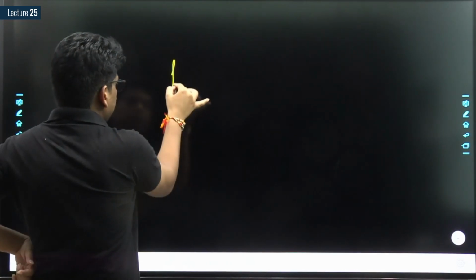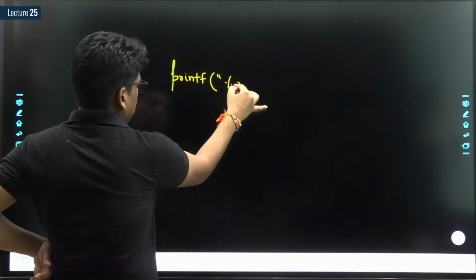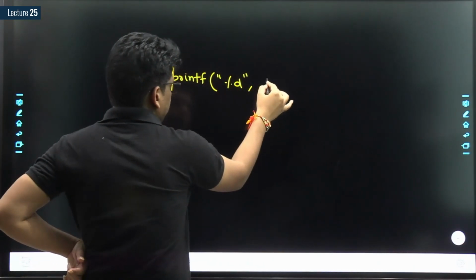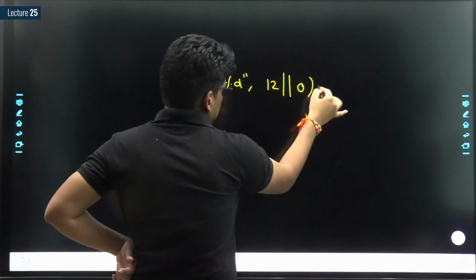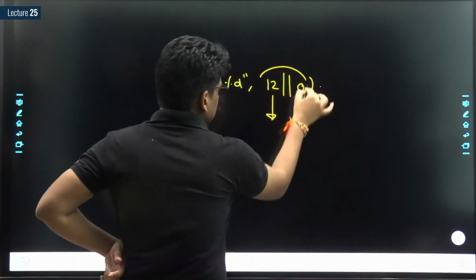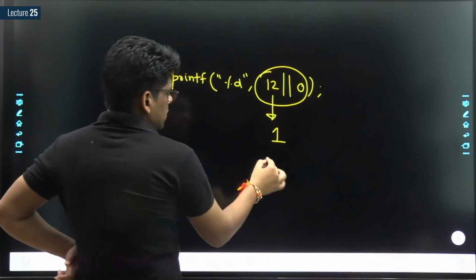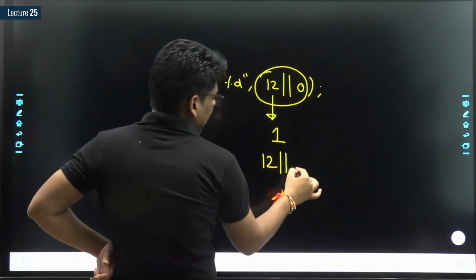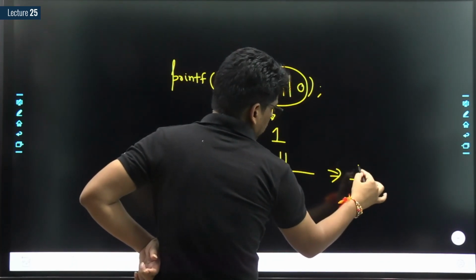Sir, if I say printf %d, 12 or 0, what is the answer? Since it is non-zero, the result will be true and the output would be 1. That means 1. Sir, 12 or anything, the output would be 1.